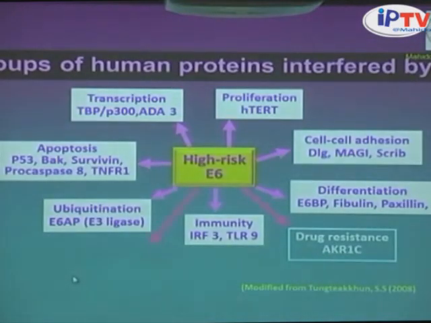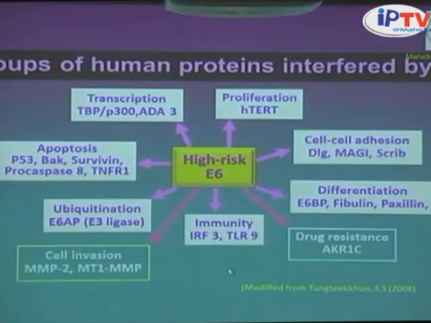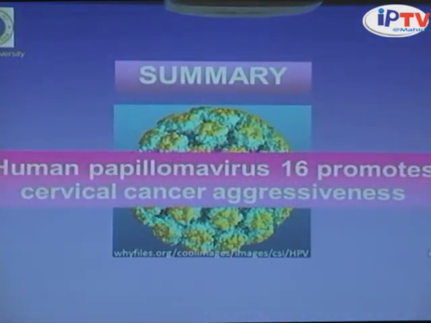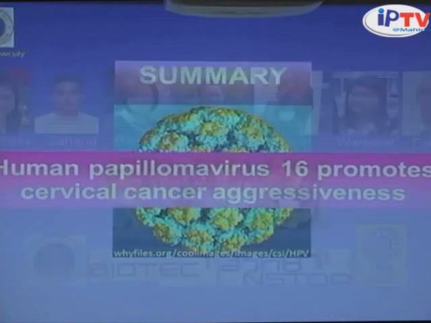And lastly, one more activity of the HPV oncoproteins is added here, that is the invasion activity mediated by MMP2 and MT1. So in summary, we would like to say that human papillomavirus proteins can do more than we think in promoting cervical cancer. As we have shown here, they can promote the aggressiveness of the cancer.